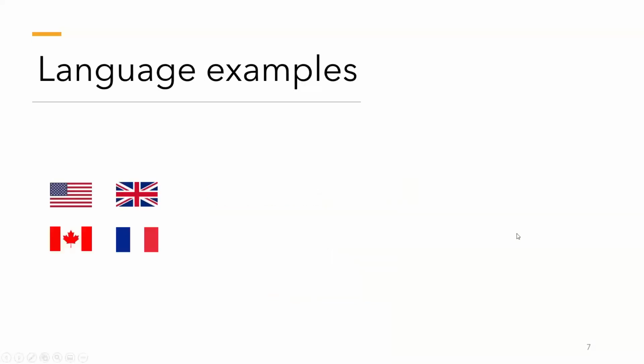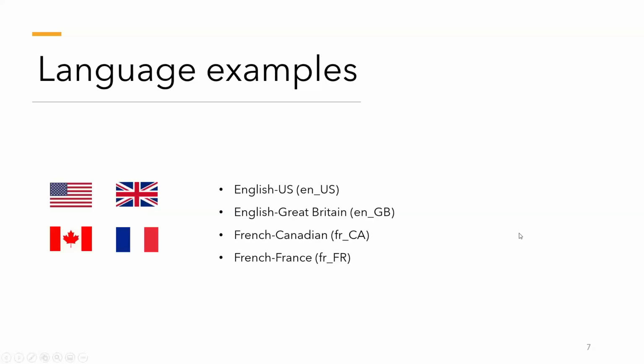Okay, next let's take a look at language. If your application is distributed in different countries, you may need to provide help in 1 or more different languages. So I've listed 4 examples of languages here.